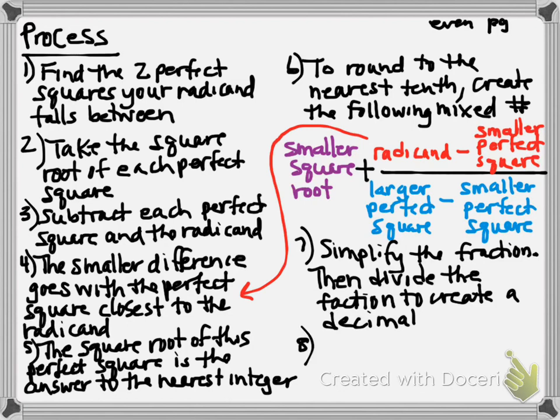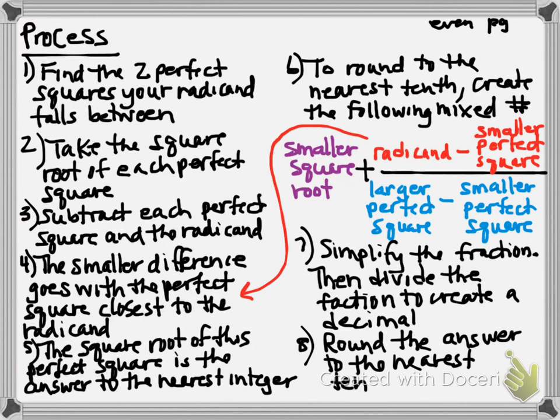And then last is going to round the answer to the nearest tenth. So in other words, when you're doing the dividing, you can stop after you have 2 digits after the decimal, because that's all you need to round to the nearest tenth.